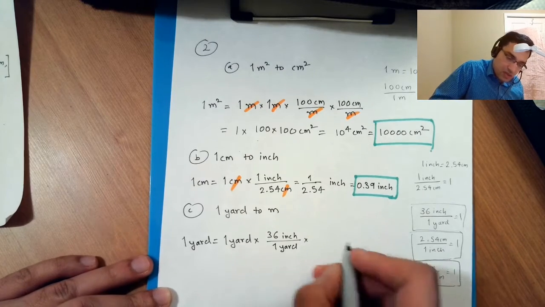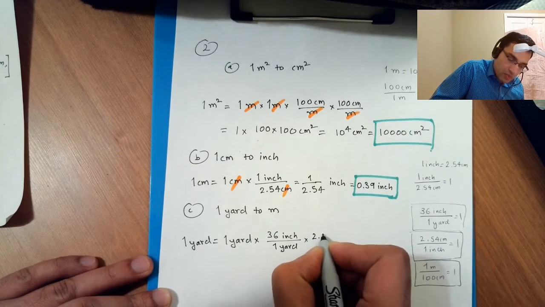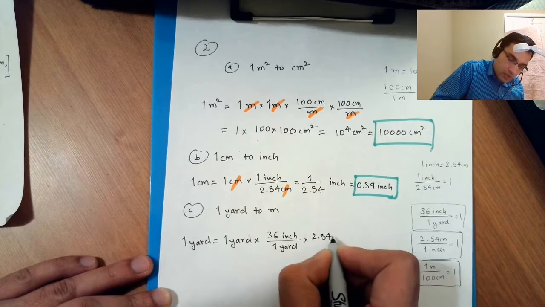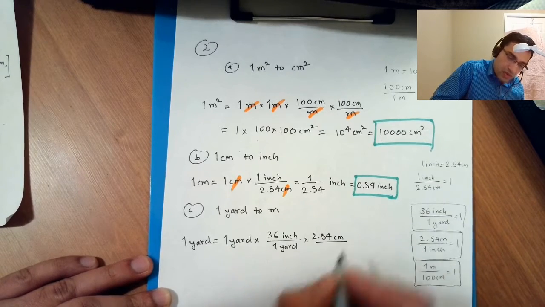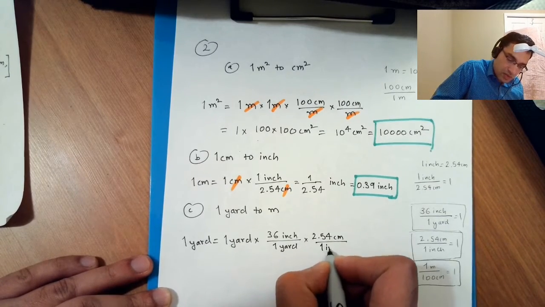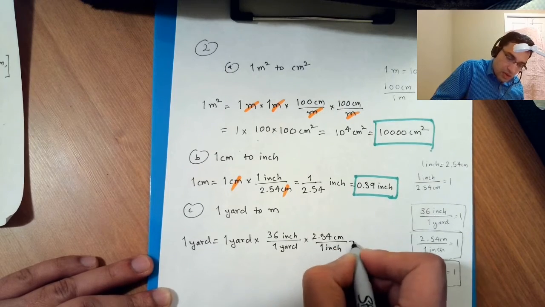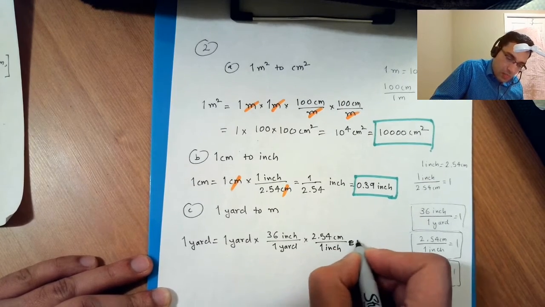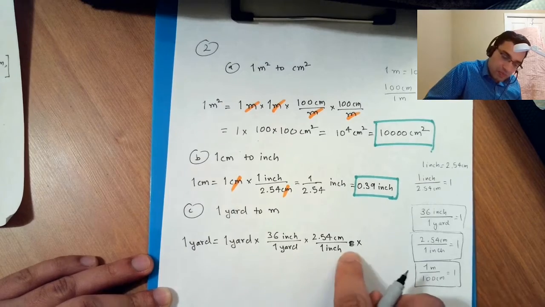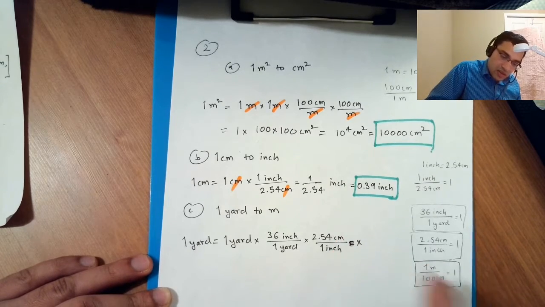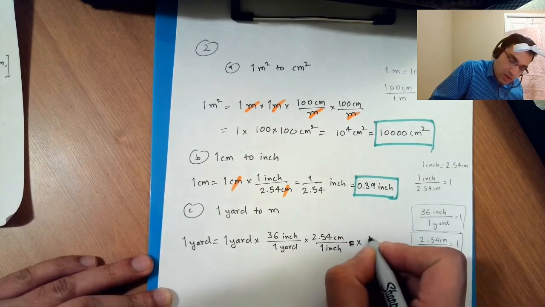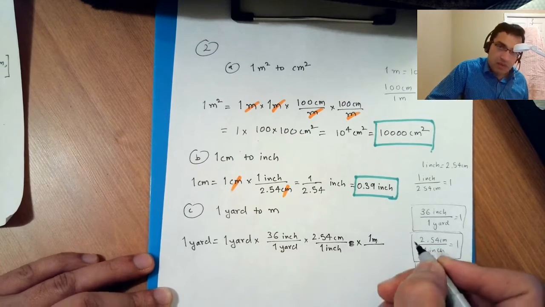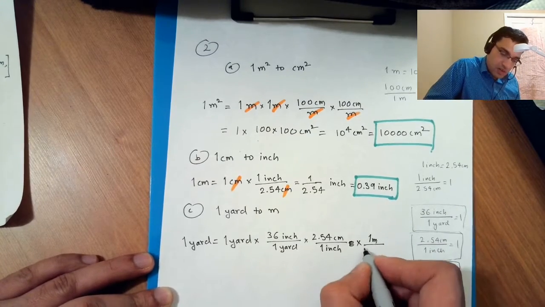Then I want to get rid of inch. So 2.54 centimeter divided by 1 inch. Sorry, multiplied by, I need to get rid of the centimeter now. So this one, 1 meter divided by 100 centimeters.